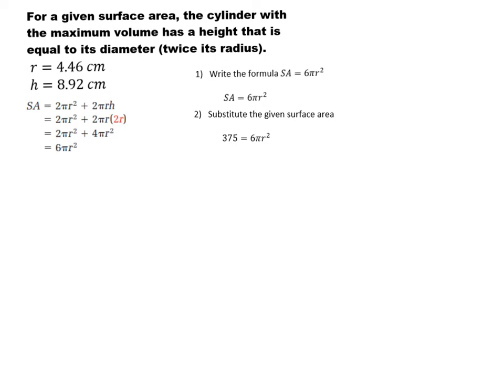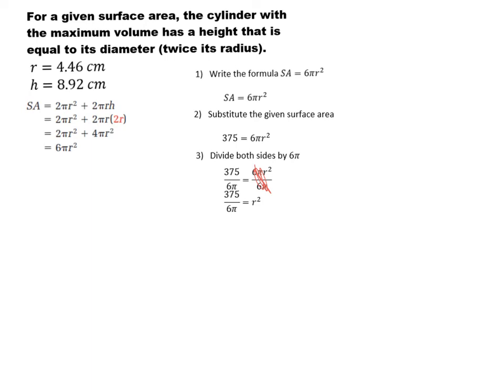So to get rid of the 6 pi from the right-hand side, we need to divide both sides by 6 pi. When I divide both sides by 6 pi, I end up with, on my right-hand side, just r squared, as the 6 pi's cancel out, or they become 1, and so I no longer need to write them. On the left side, I'm left with 375 over 6 pi.